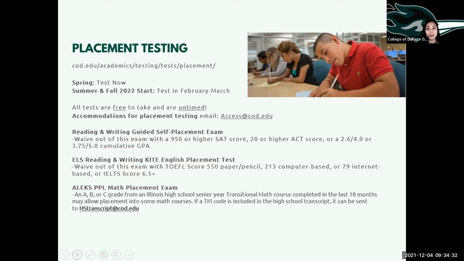We also look at your GPA. So if you have an overall cumulative GPA of a 2.6 out of a 4 or a 3.75 out of a 5, that cumulative GPA can also be used to exempt you from the reading and writing portion of the placement test.